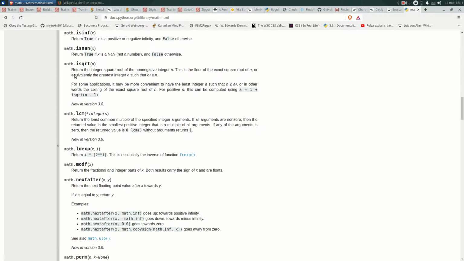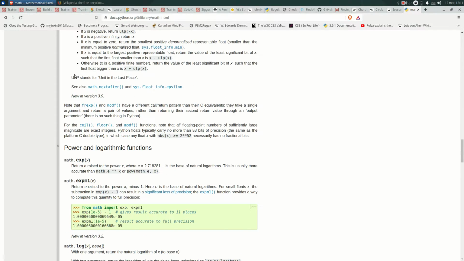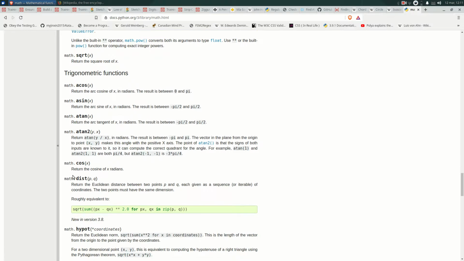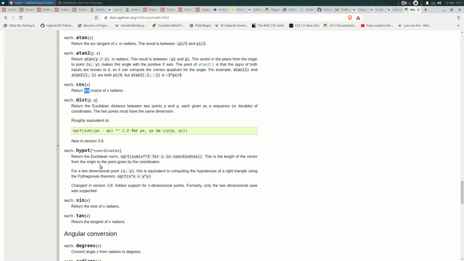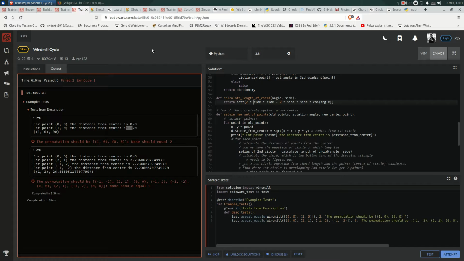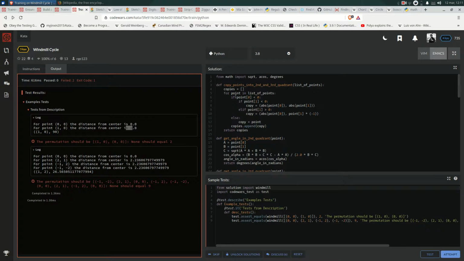Let's see, trigonometry, return the cosine of x radians, but that's in radians. So I guess we have to change that also from degrees to radians.